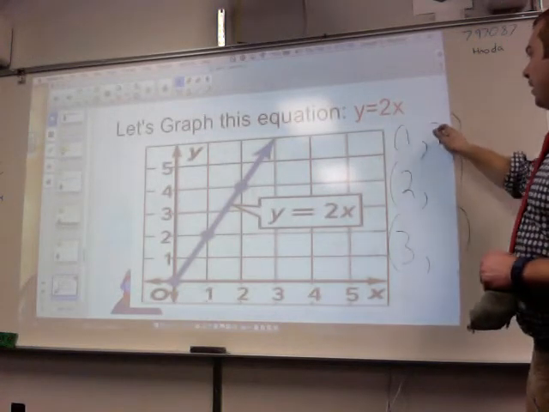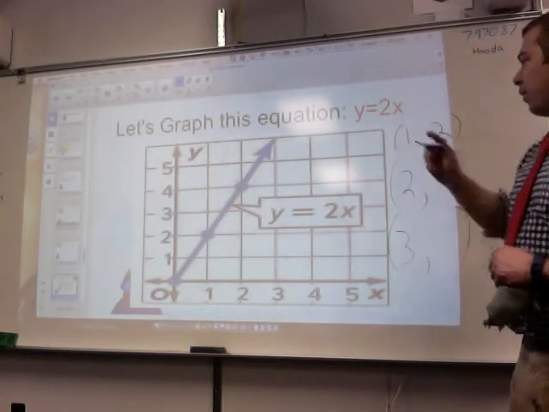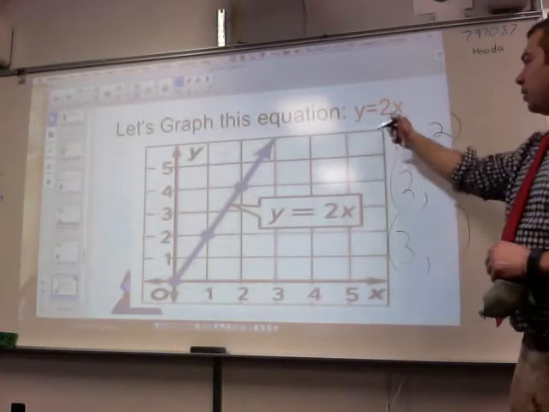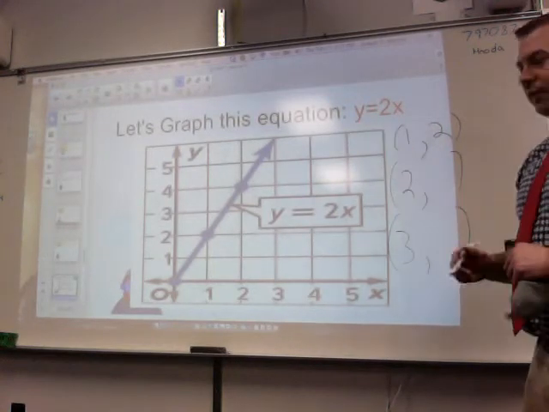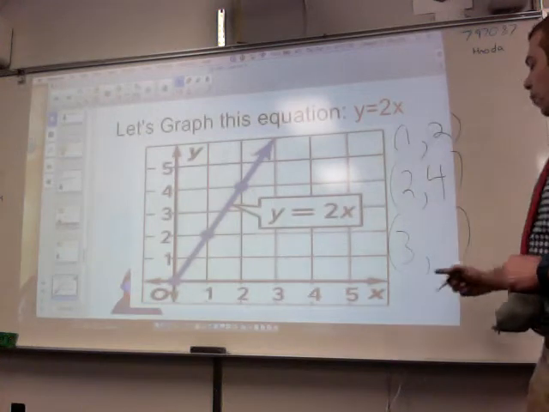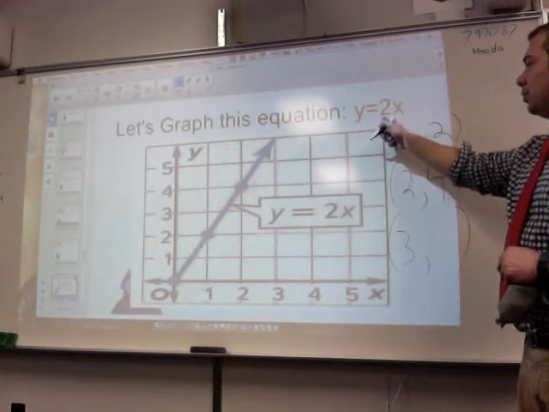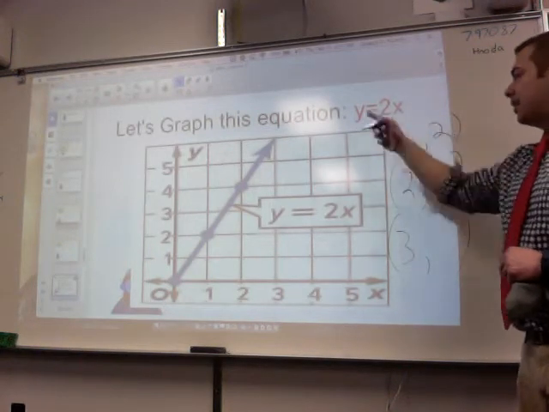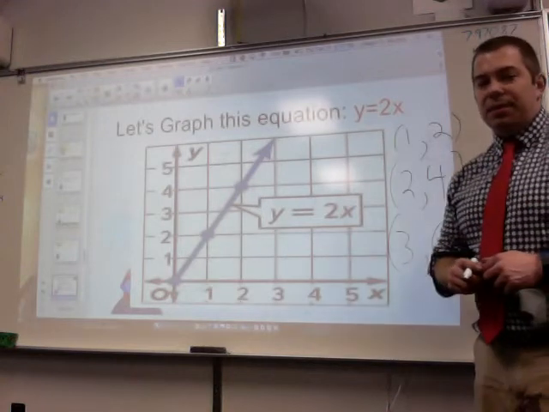My y equals 2. When I plug in a 2 for my x, 2 times 2 equals 4, so my y equals 4. When I plug in this 3 to my x, 2 times 3 equals 6, my y will equal 6. So I can keep plugging in numbers if I want to.